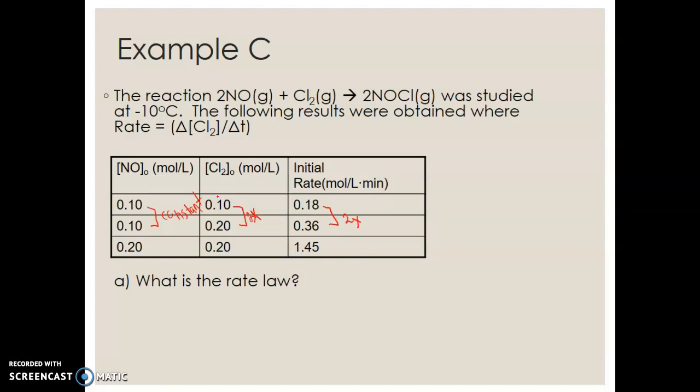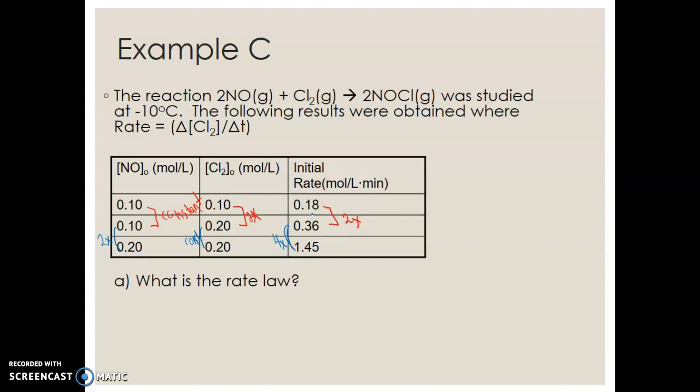Then when we look at our other reactant, here it is doubling, and here is being held constant. And this 0.36 to 1.45, that is quadrupling.